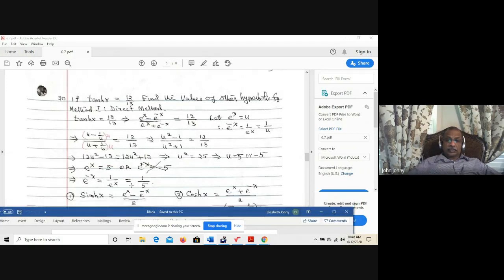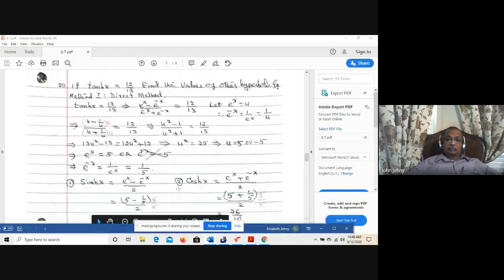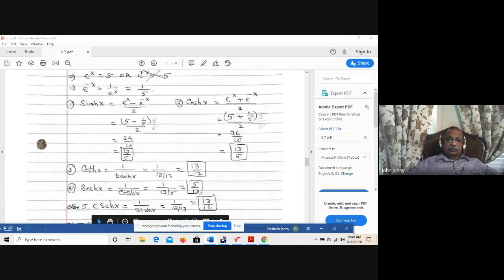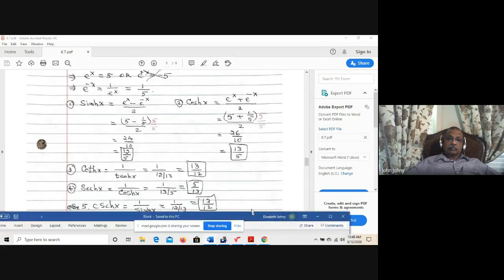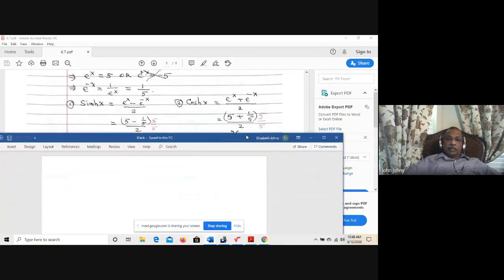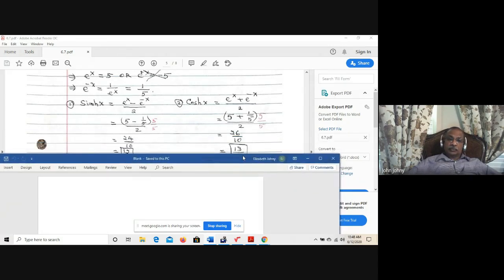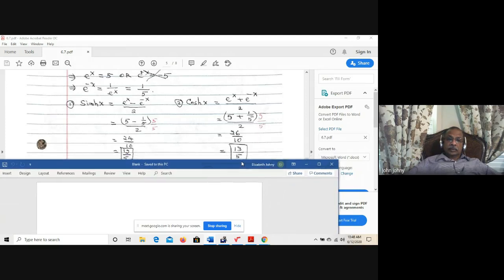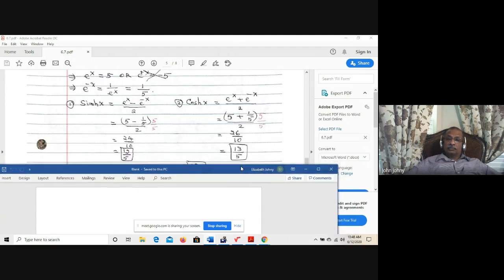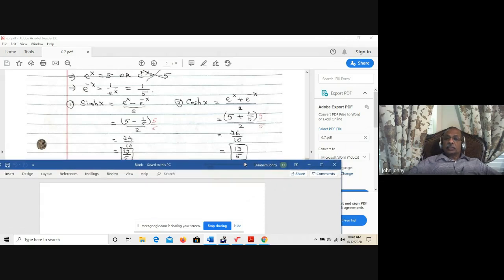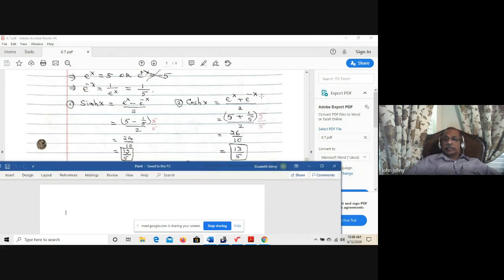So sinh x is equal to e to the x minus e to the negative x over 2, which is 5 minus 1 over 5 divided by 2, multiply both numerator and denominator by 5, you get 24 over 10, which is 12 over 5. Cosh x is equal to e to the x plus e to the minus x divided by 2.